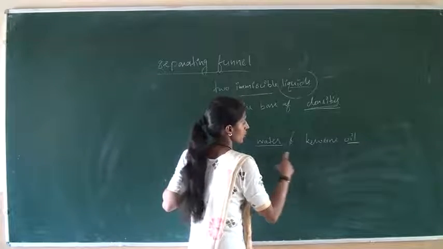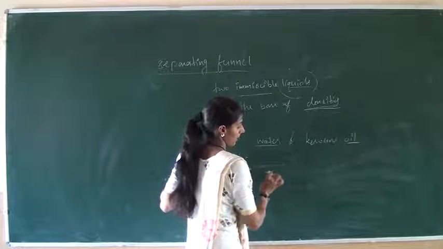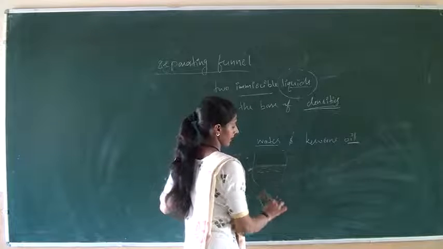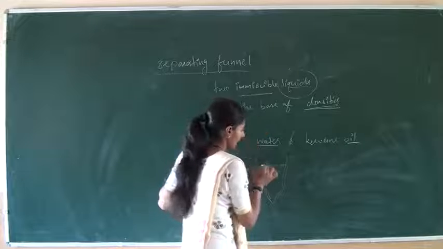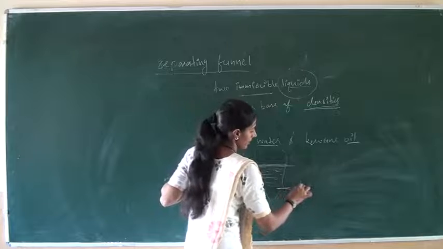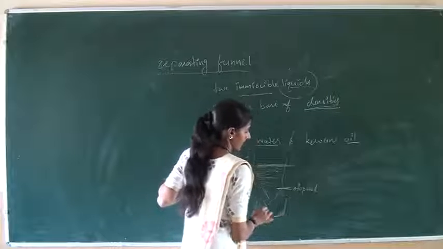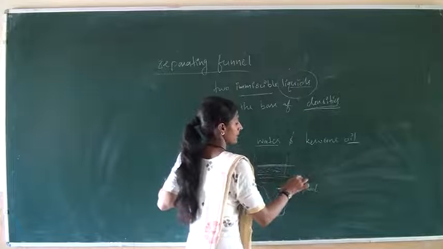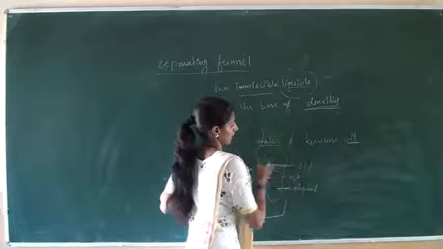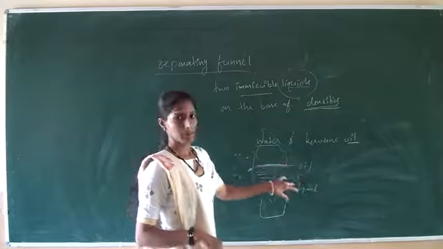When we mix these two liquids, the kerosene oil forms a layer above the water. Here we use a stopcock. Water and kerosene oil form layers in this funnel. The stopcock is used to separate these two immiscible liquids.